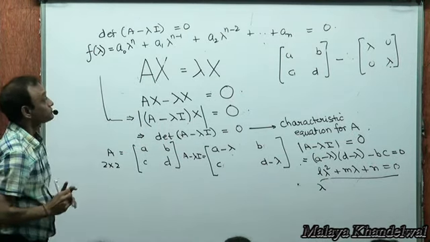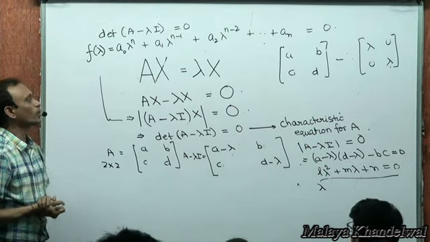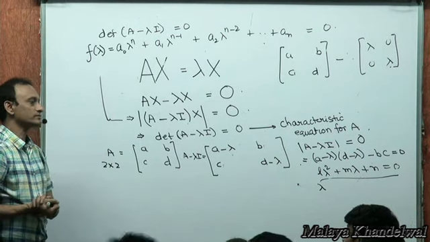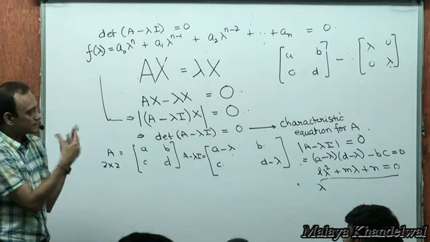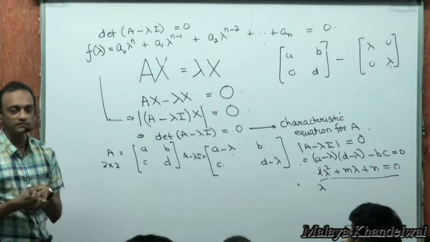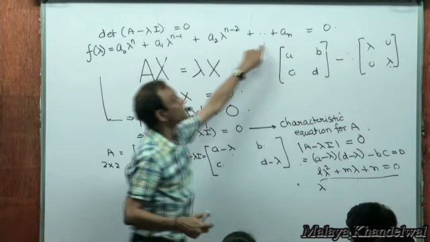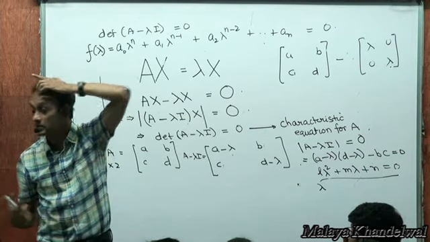Now, what I want to tell you is this equation is way beyond what I have just mentioned as very mundane stuff. This is my characteristic equation in the characteristic root lambda.